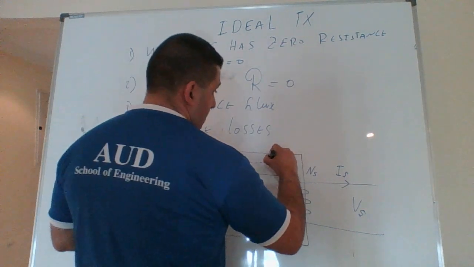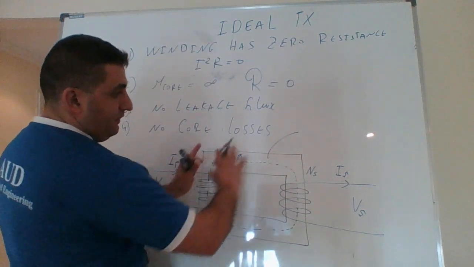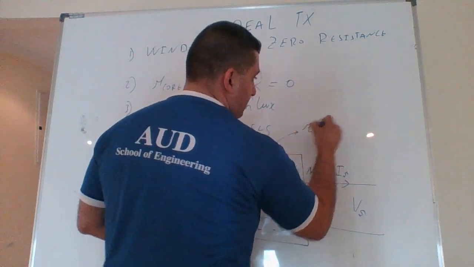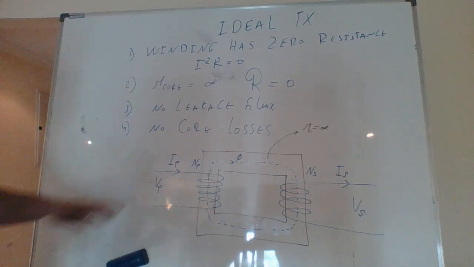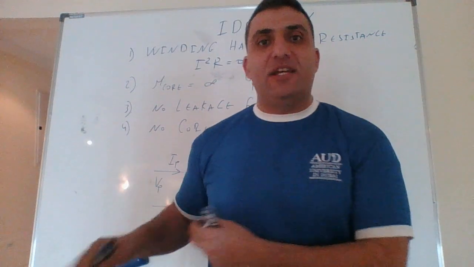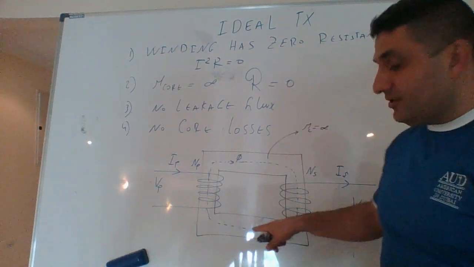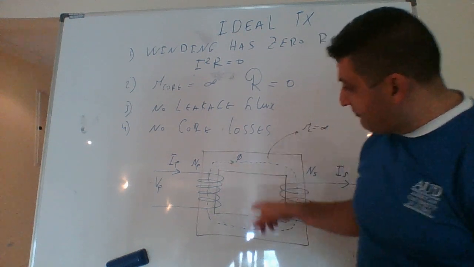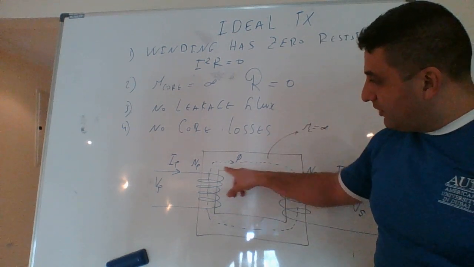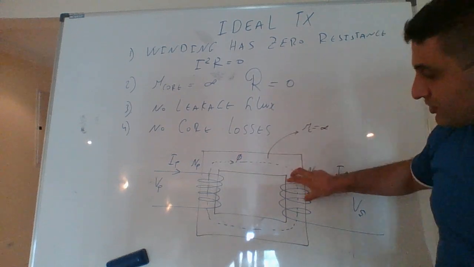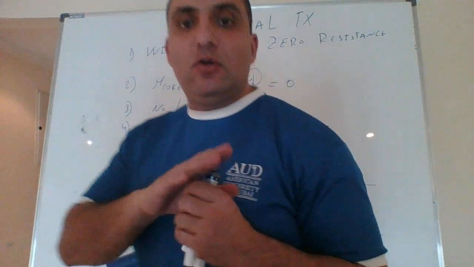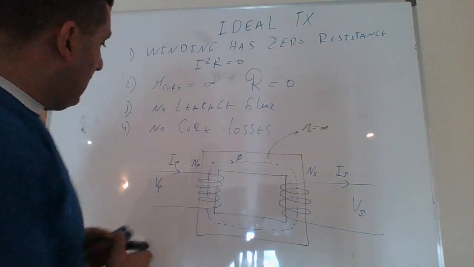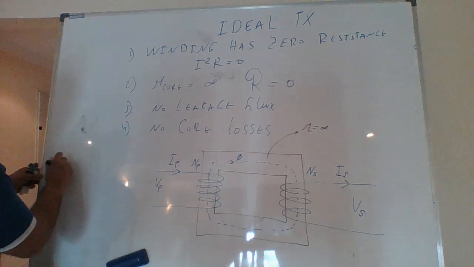The ferromagnetic material is made with mu of the core infinite, which means in the magnetic circuit representation the reluctance will be 0. And I have no leakage flux. All of it goes from here and reaches this point. Therefore, I eliminate all types of losses.